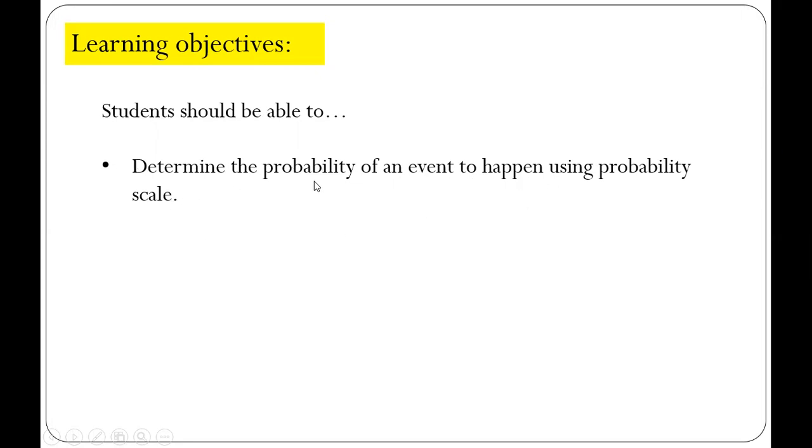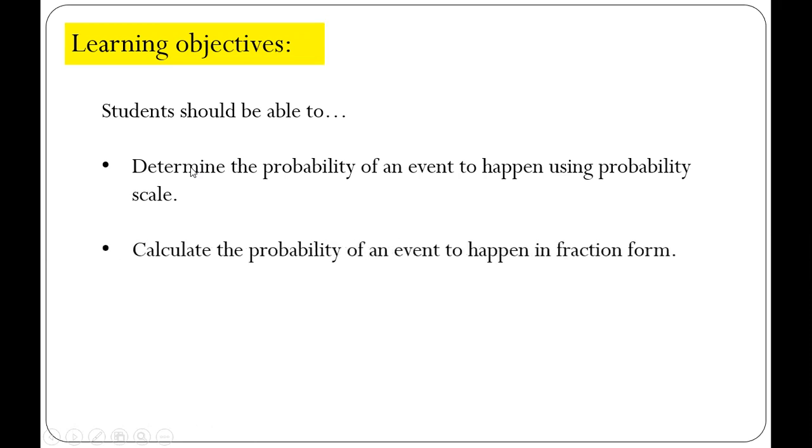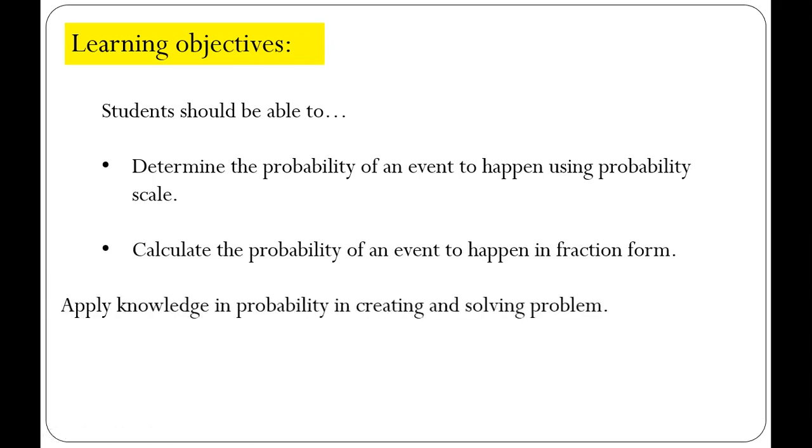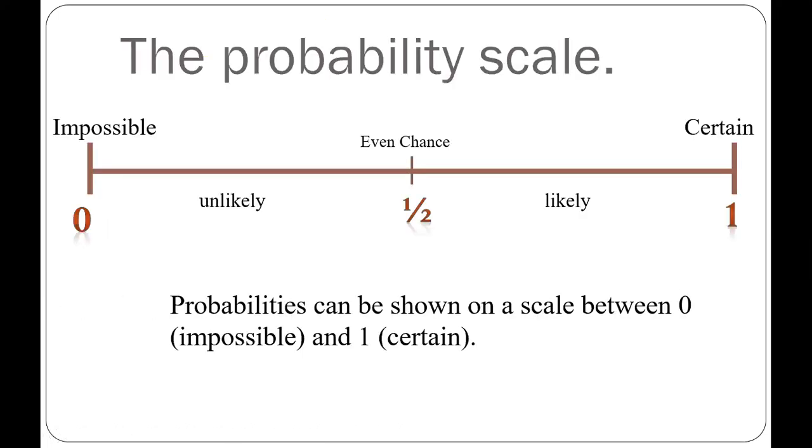Our previous lesson, which we have just finished, recalled what probability is and the language of probability. This time you're going to use the probability scale, and you're going to give the probability as a fraction in lowest terms, and solve problems.